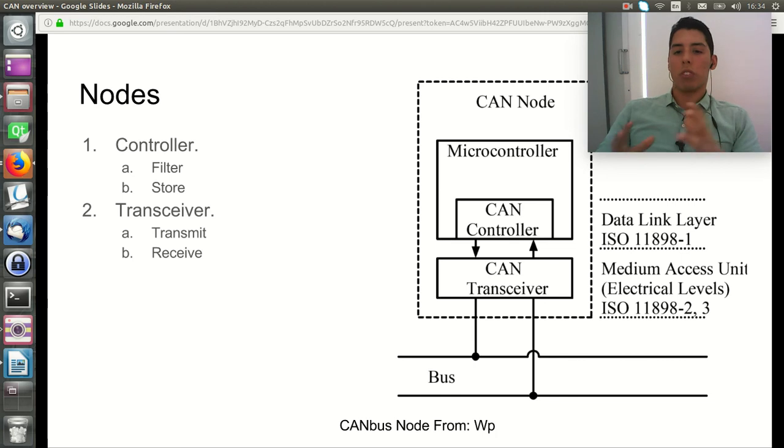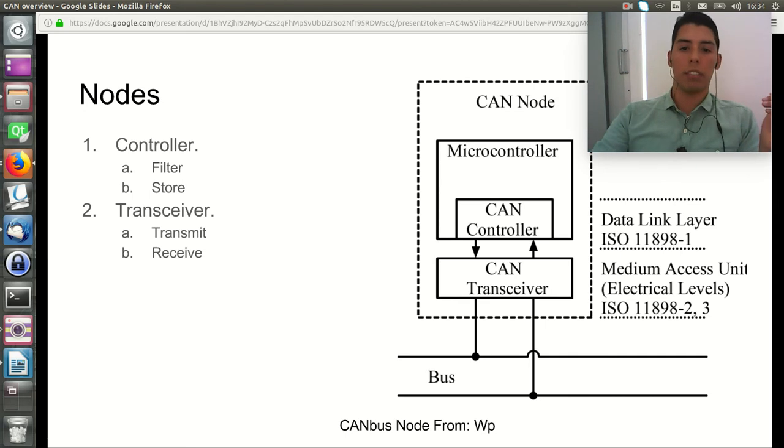Referring to nodes, there are controller nodes and also transceiver nodes. Actually, the controller nodes might have a transceiver part integrated. A CAN controller holds valid frames in the FIFO, which is part of the CAN controller.